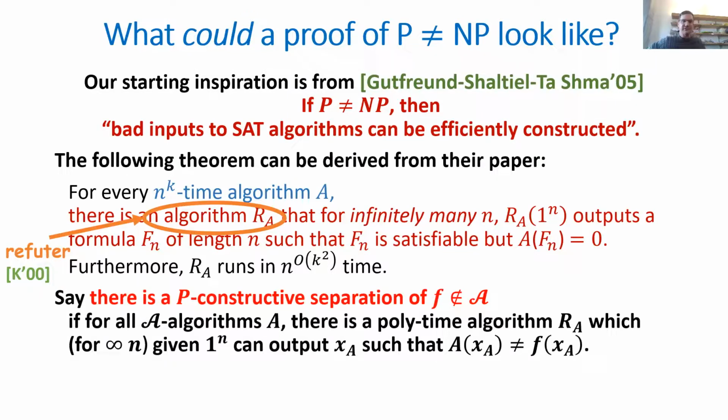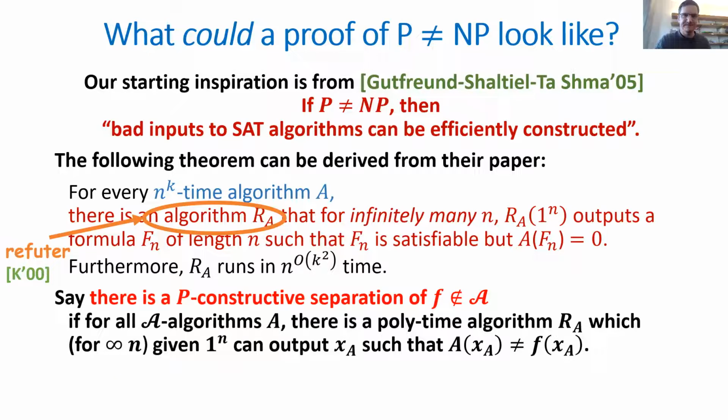Let's make a definition. In general, let's say there's a P-constructive separation that a function f is not in a class of algorithms A if for all of the A algorithms, there's a polynomial time algorithm R sub A, which given the string of n 1s, can output this bad input that shows that the algorithm A doesn't compute the function.